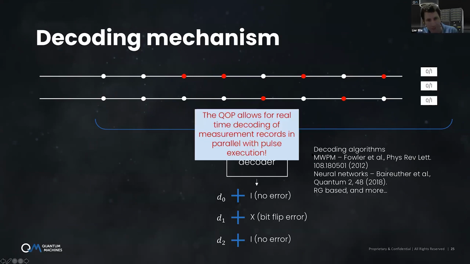What I want to emphasize is that on the quantum orchestration platform, because we have the pulse processor engine, a full processor that runs in parallel with the execution of the pulses, we can do real-time decoding of the measurement record and run the decoder in parallel. This is a very important feature of our hardware. If you would like to explore this and understand more about how it works, feel free to contact us and we'll be happy to work with you on that.